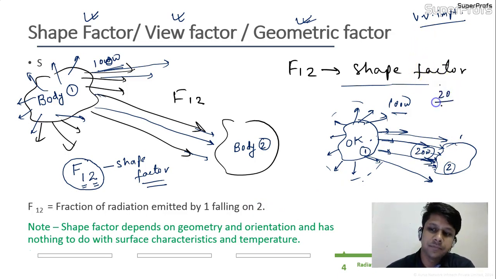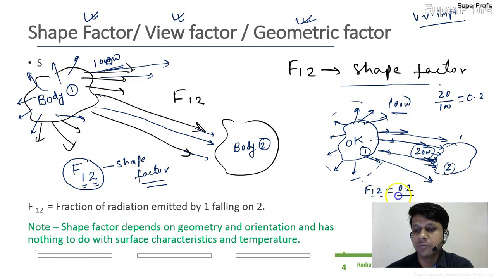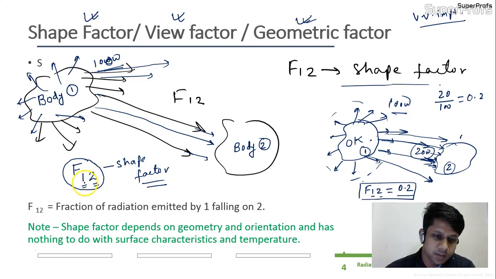It is 20 divided by 100, so it is 0.2. In that case, F12, the shape factor of 1 with respect to 2, will be equal to 0.2. And how do we read this F12? The fraction of radiation of 1 falling on surface 2.